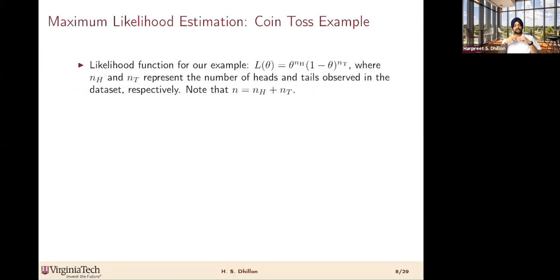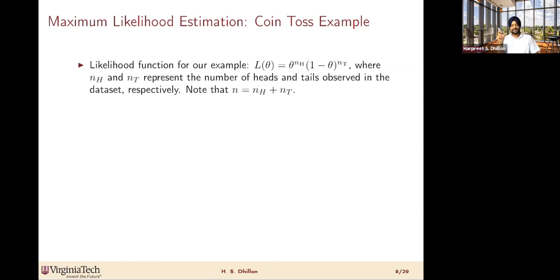Now let's look at this ML estimate for the coin toss example that we already gave. The likelihood function for this example is actually quite straightforward. Let's say that you have NH number of heads in this sequence and NT number of tails in this sequence. If you write the probability P of Y given theta for this data set, it is nothing but theta times 1 minus theta and so on.